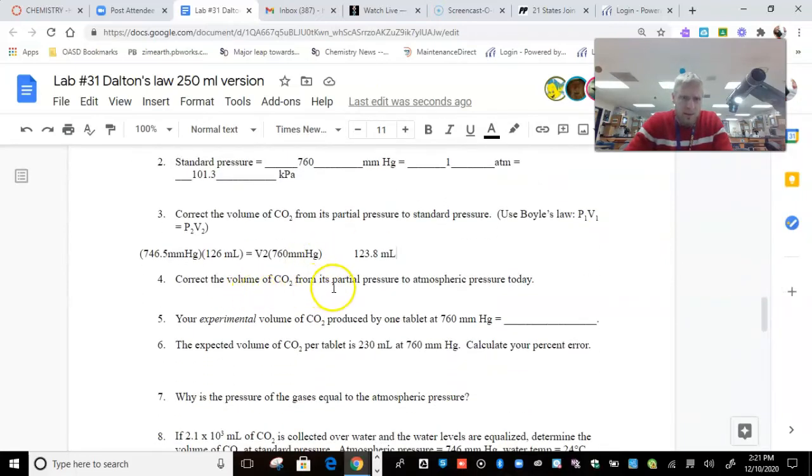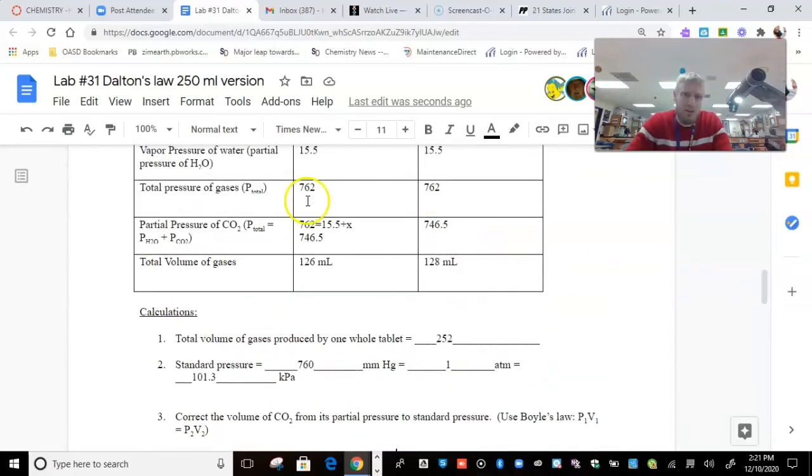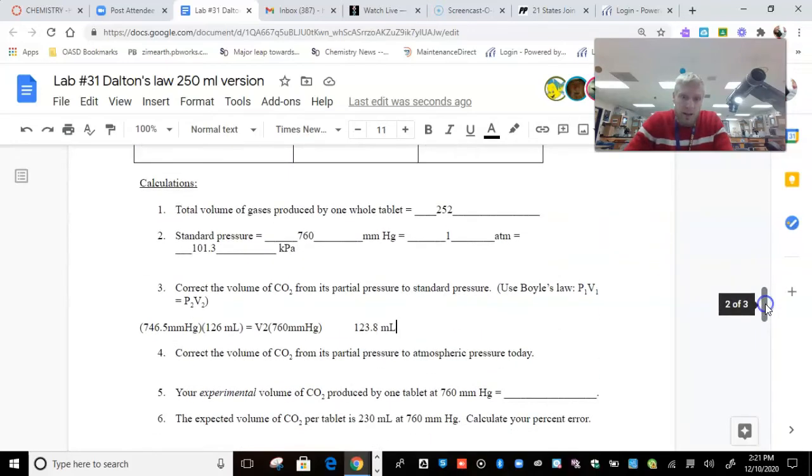Correct the volume of CO2 from its partial pressure to atmospheric pressure today. We're going to do the same thing, but instead of 760, it's going to be 762, which was our total pressure, the pressure in the room today. So 746.5 mmHg times 126 milliliters equals V2 times 762.